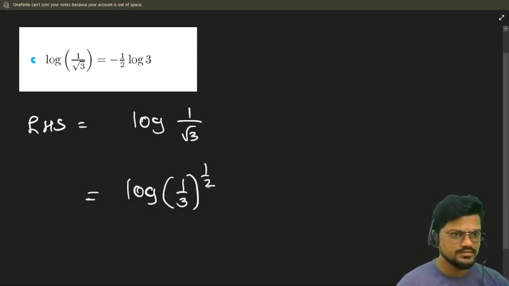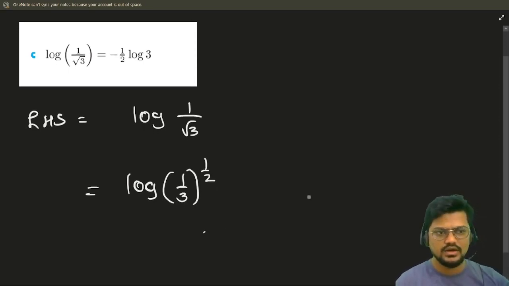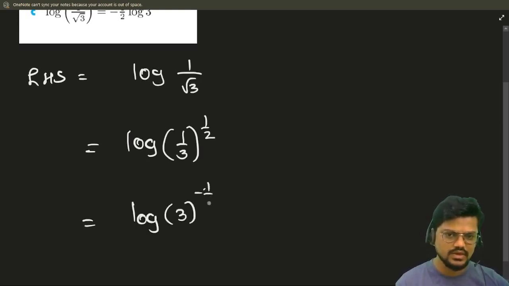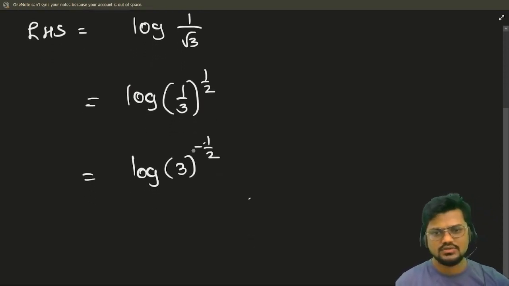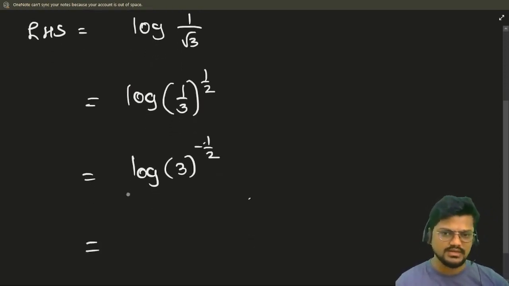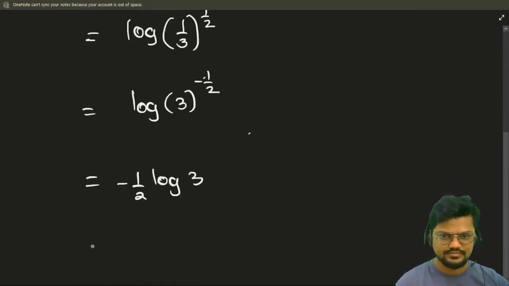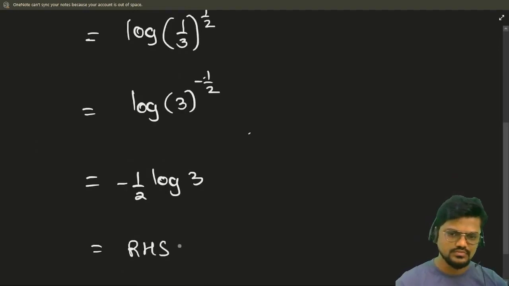Yeah. After this, can I write this as log of 3 to the power minus 1 by 2? Now this minus 1 by 2 can be taken backside. So that is minus 1 by 2 into log 3, and that's your RHS. Got it?